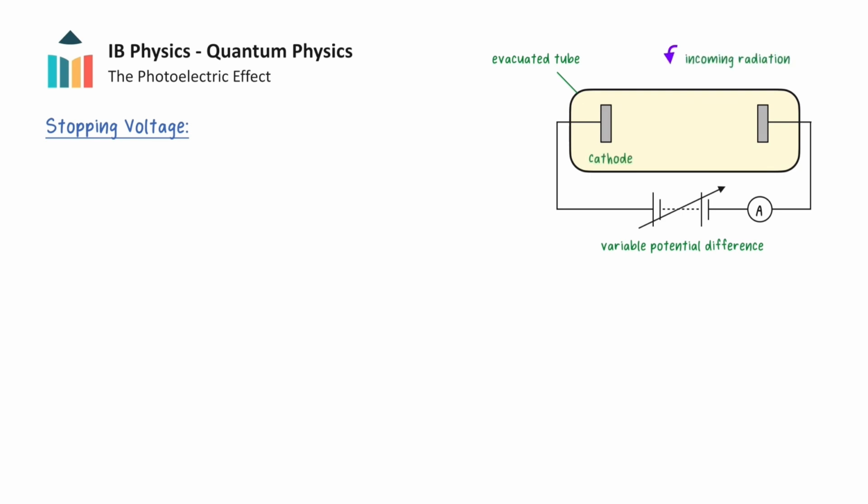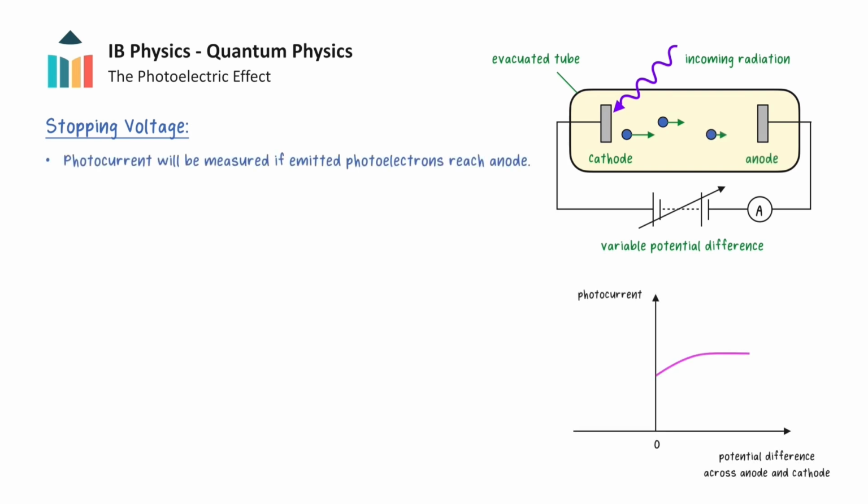When radiation is incident on the metal cathode, photoelectrons will be released with a range of different energies. Any photoelectrons emitted will be able to move across the evacuated tube and reach the anode, and an electric current will be measured. But notice how the negative terminal of the variable potential difference is connected to the anode.